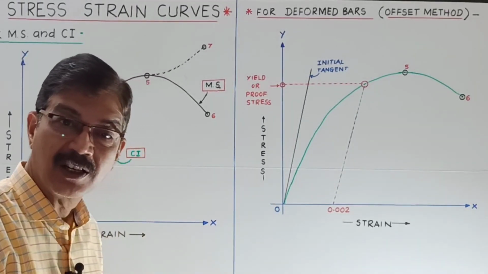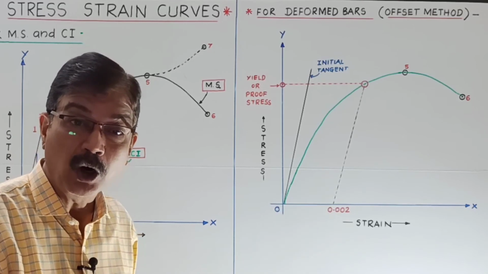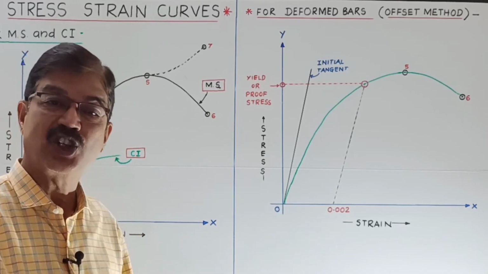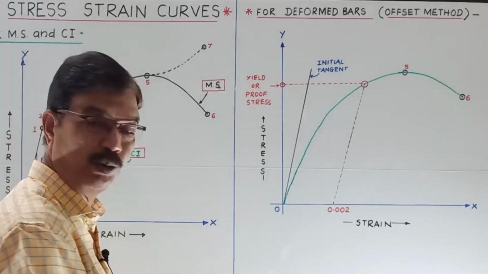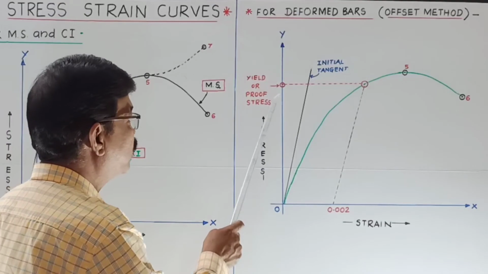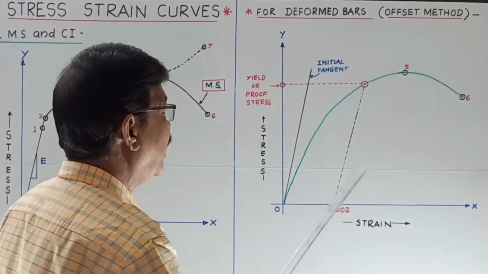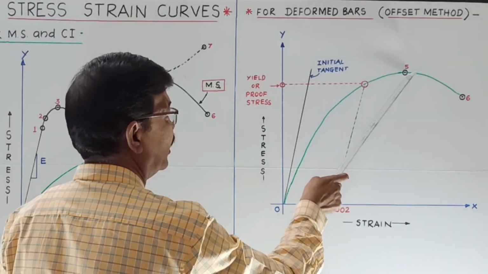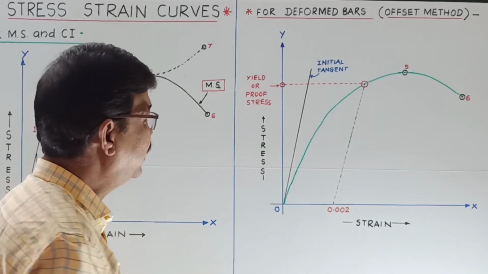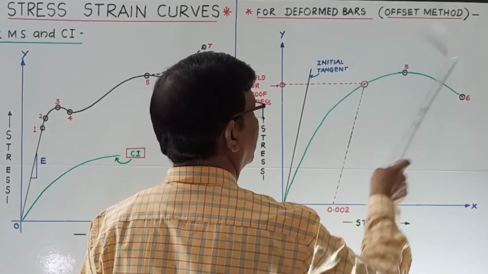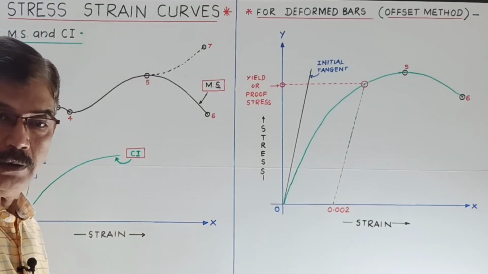What is proof stress? A stress corresponding to a specified amount of strain is known as proof stress. So proof stress is calculated like this, and then points 5 and 6 are as usual, that is, this is the ultimate load point and this is the breaking point. Again you can draw the dotted line for actual.